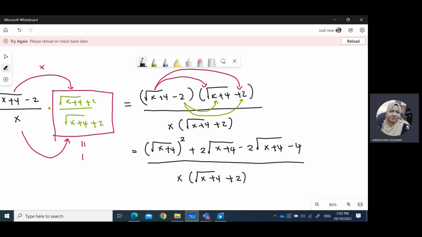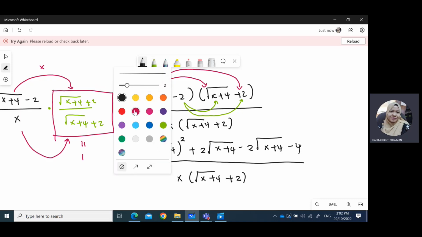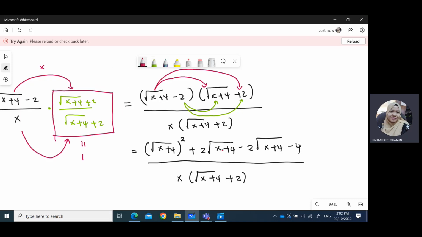Okay, so next process, we need to solve for the numerator. In the middle here, we have the same thing but different operation, which is plus 2 square root x plus 4 minus 2 square root of x plus 4, it is equal to 0.